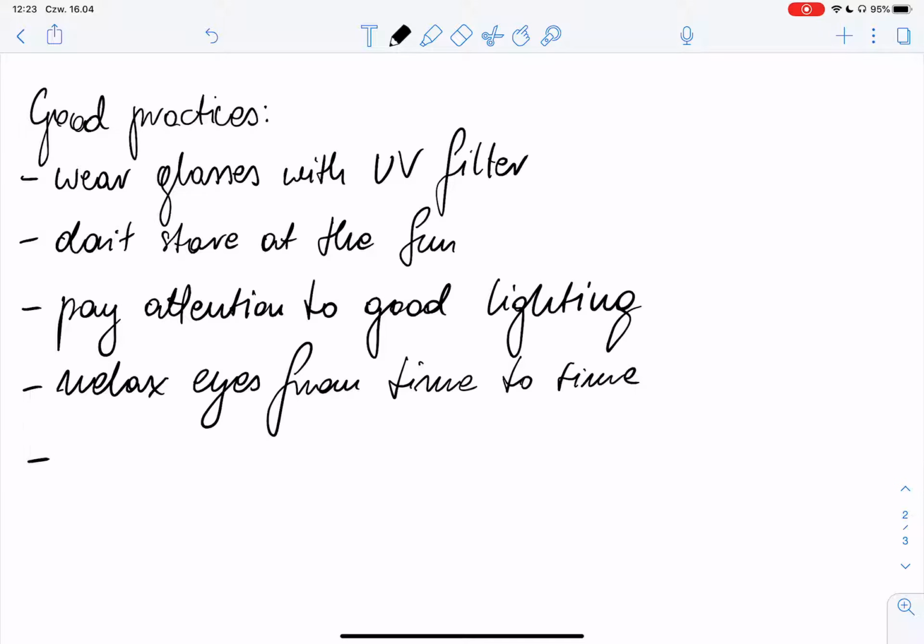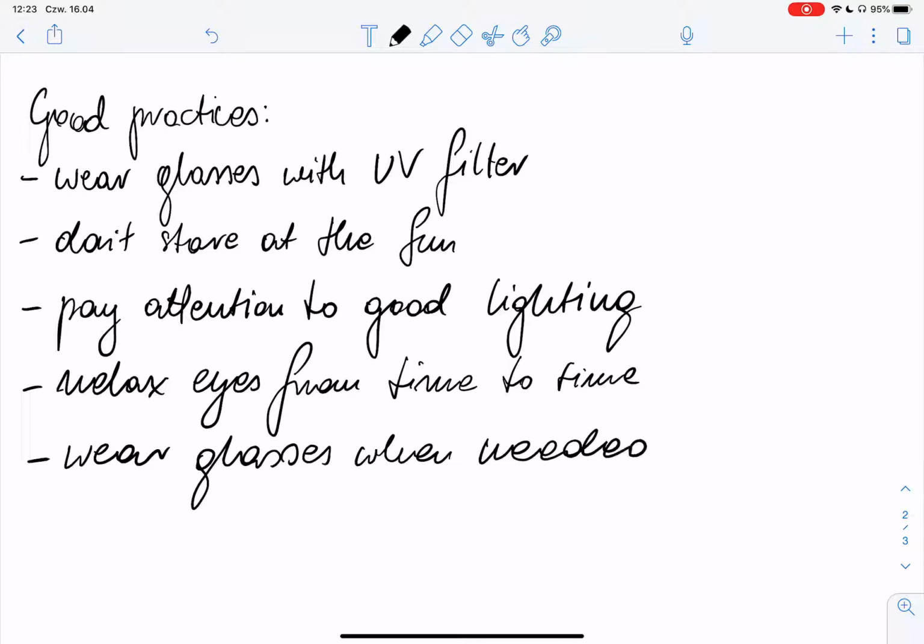Another thing, don't avoid wearing glasses when needed. If you have a problem with vision and the doctor told you you should be wearing glasses, then do this. We have many alternatives right now. They don't have to be glasses.